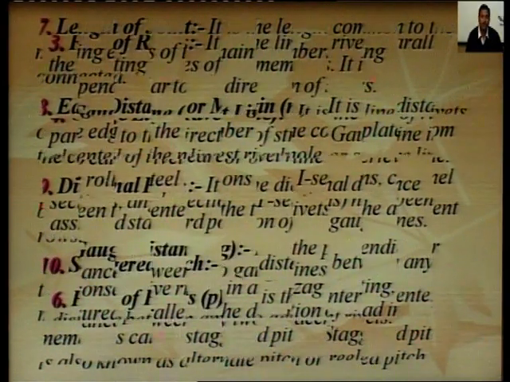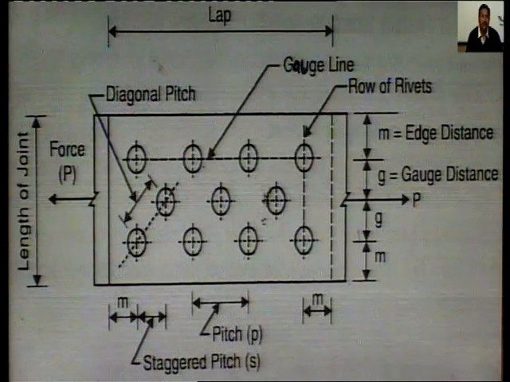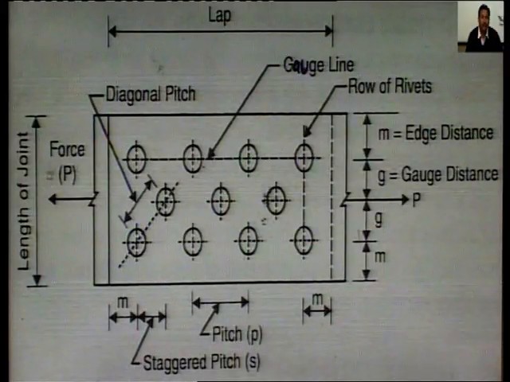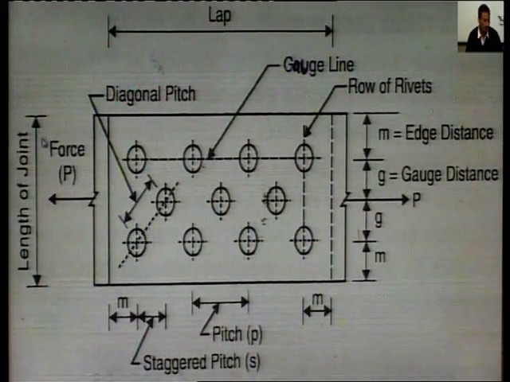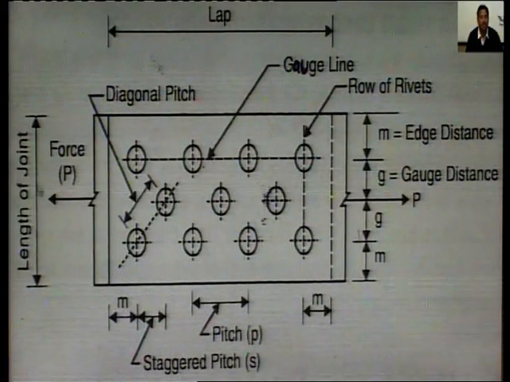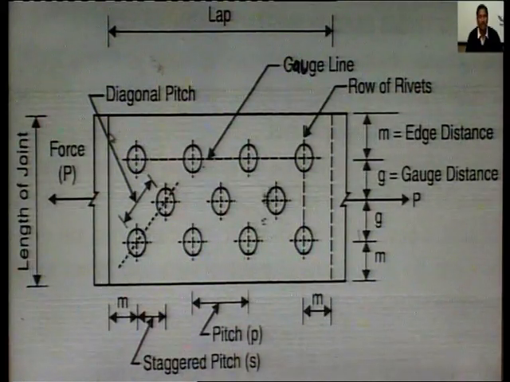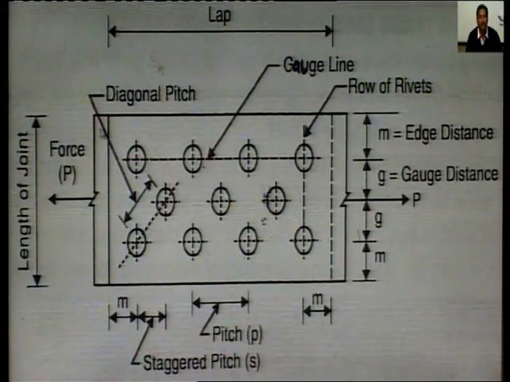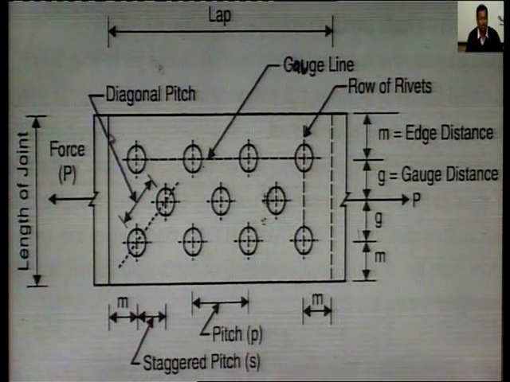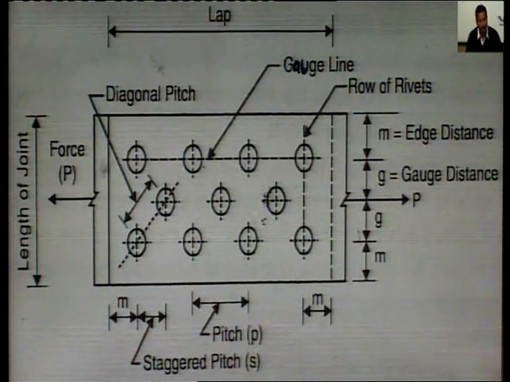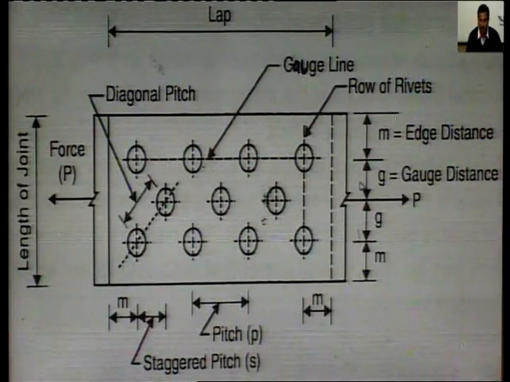So, in the diagram, this is called length of joint. The common minimum meeting edge of the member is called length of joint. If the width of one plate is smaller, then the plate having the smaller width is taken as the length of joint.